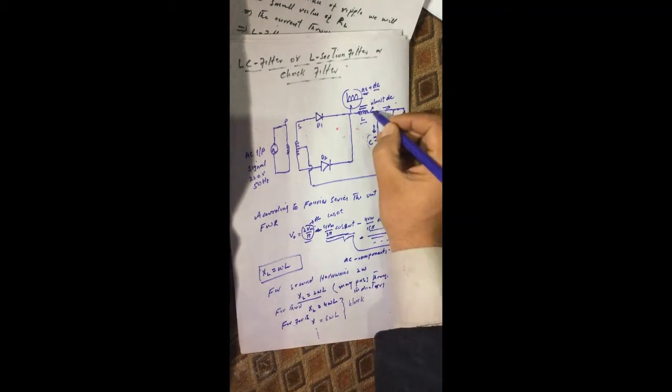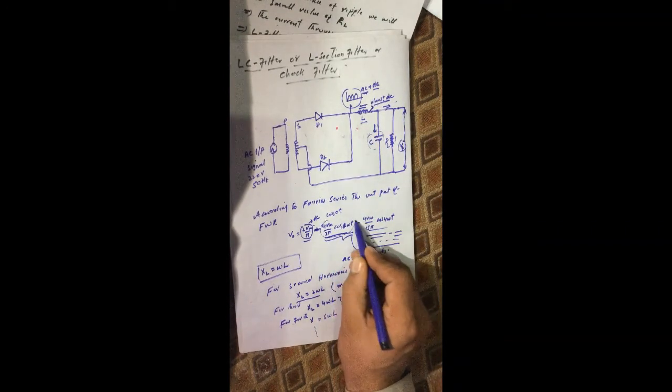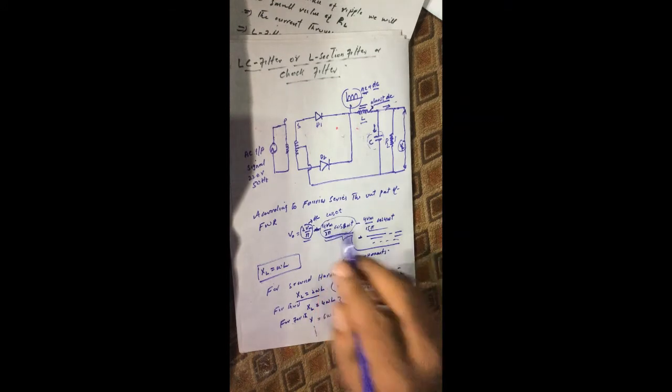So the output here is almost DC, but it also contains a small portion of AC current, a small variation.